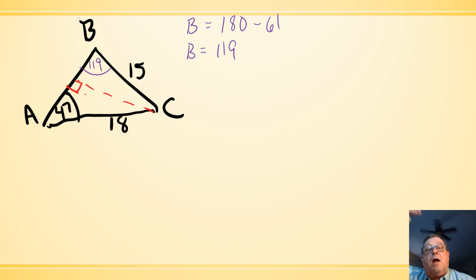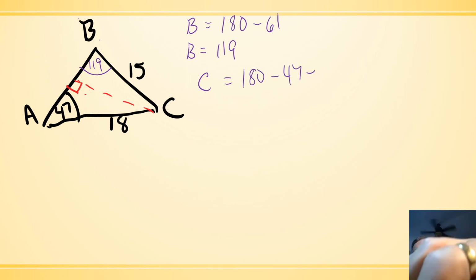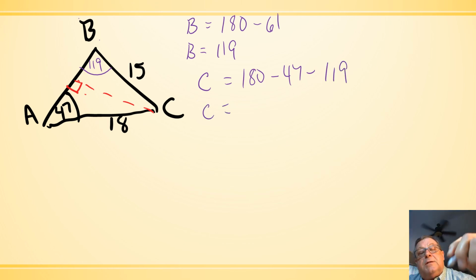Now, if B is 119, what is angle C going to equal? It would equal 180 less 47 less 119, which changes the measure of angle C, and that would be 14 degrees.